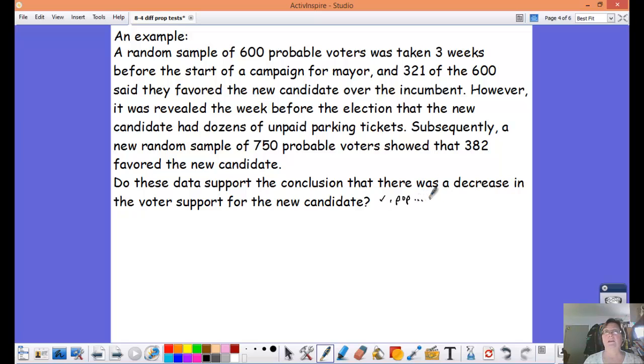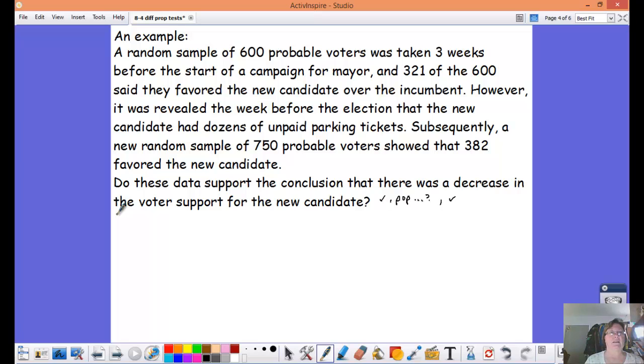We're going to assume that it's more than 7,500 people in this town, but we don't know. Sample sizes, however, we do know. n times p-hat 1 would be 321, and n times p-hat 2 would be 382, both of which are above 10. So our sample size is okay. We're going to go ahead and go with the test, even though we don't know for sure about the population size.